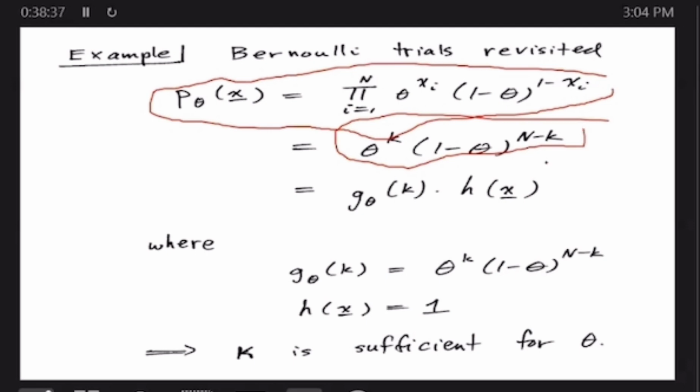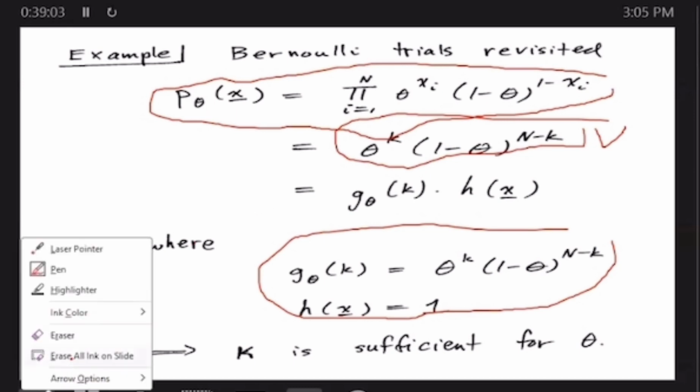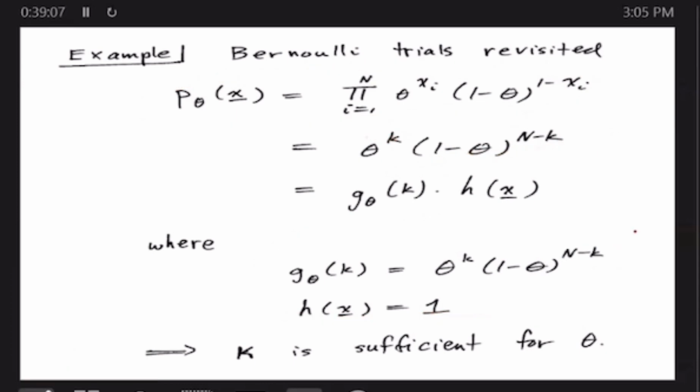In this case, when I factorize, I'm still going to have that same expression, so automatically my h of s is going to be 1. Does that make sense? One multiplied by that still gives me that. The moment I identify the two functions, this is the first function and this is the second one.